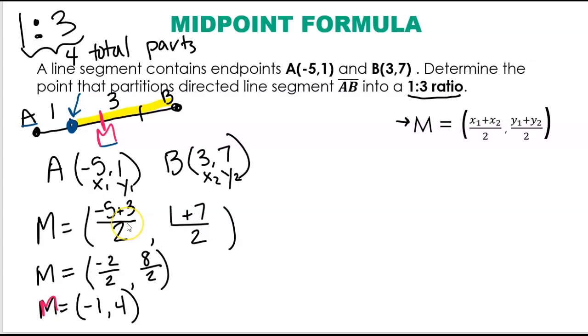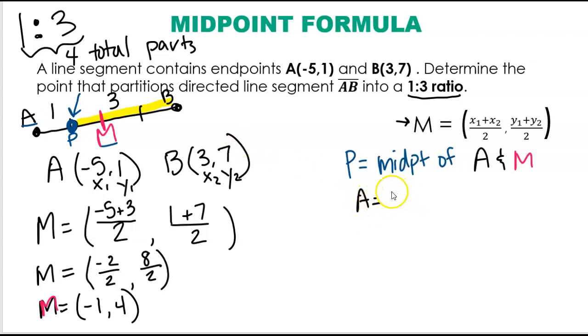What we need to do now is find the second midpoint, our partition point. I'm going to call this P right here. So to find P, we need to find the midpoint of point A and point M. Let's write down where point A and point M are.